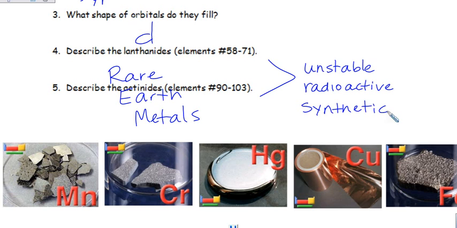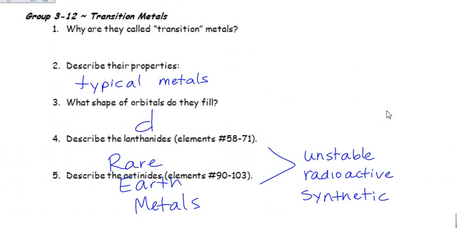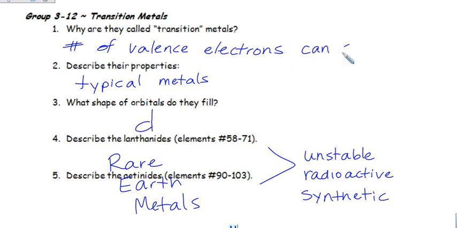Now, the other thing that we should mention: why are they called transition metals? To me, transition means like some kind of a change. It's because the number of valence electrons can change. So when I think of transition, I think of a change. It's because of these orbitals that they're filling.